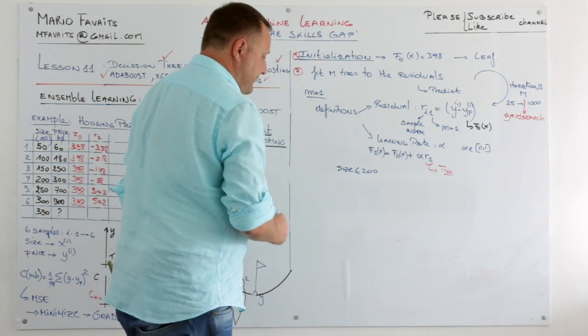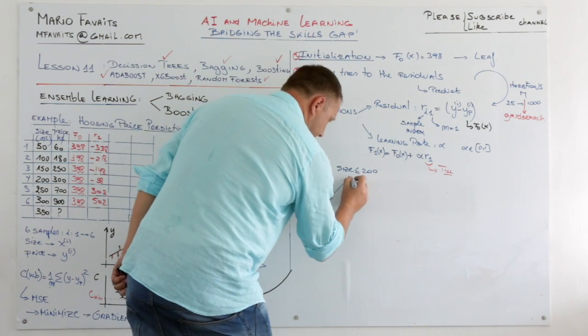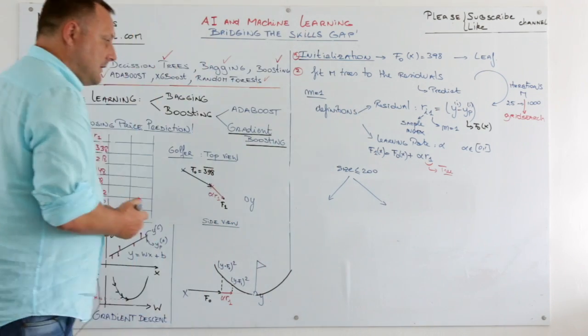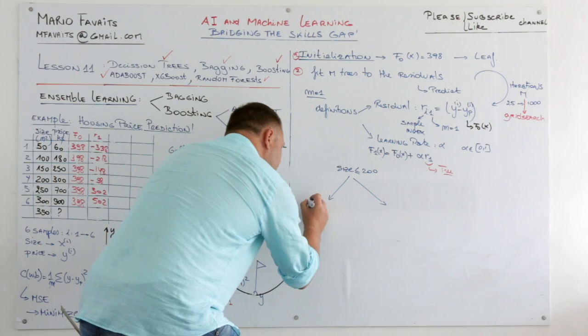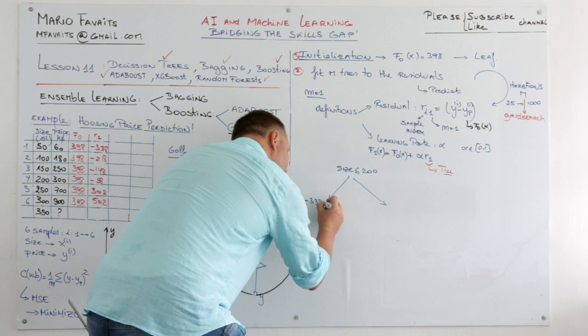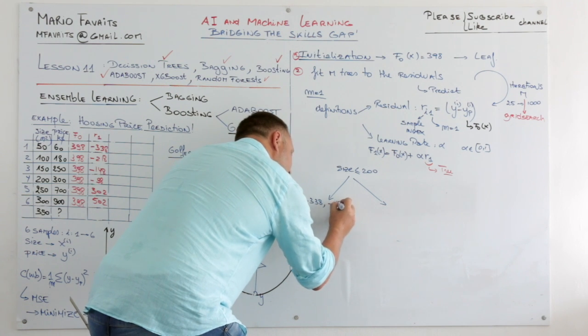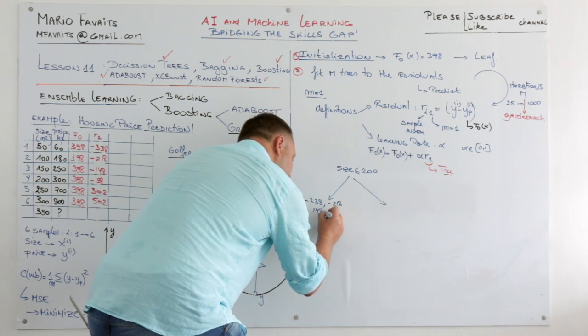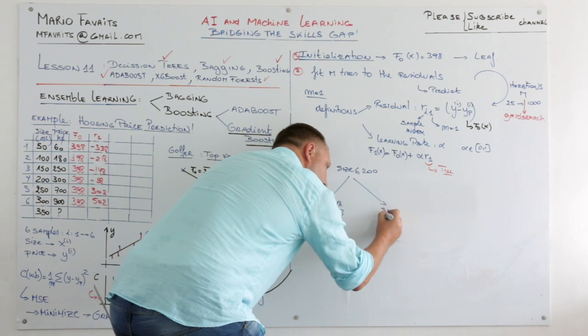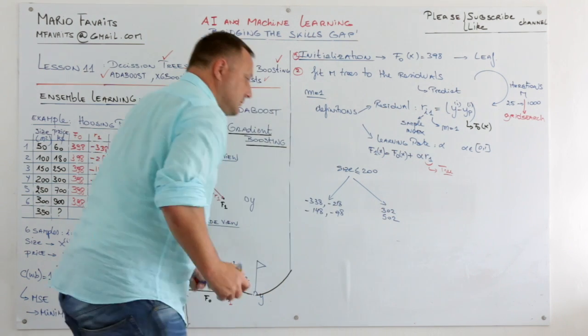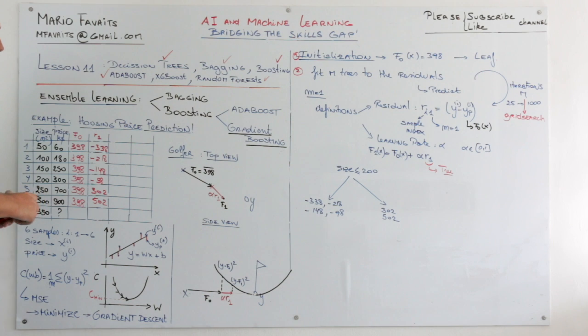That will be our first tree. And what we have here is these 4 points: minus 338, minus 218, minus 148, minus 98. And here we have 302 and 502. Okay?